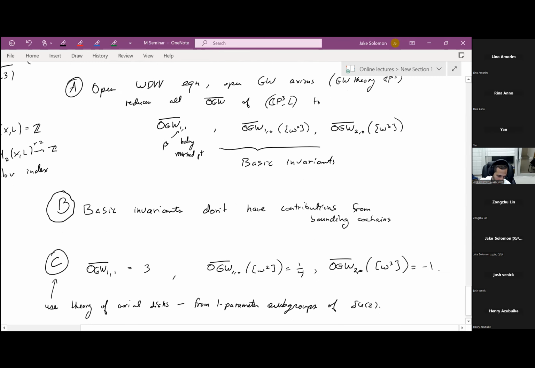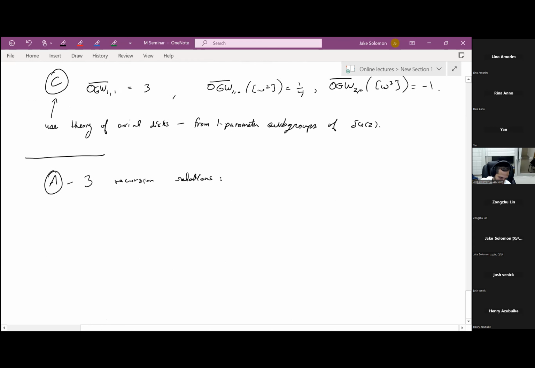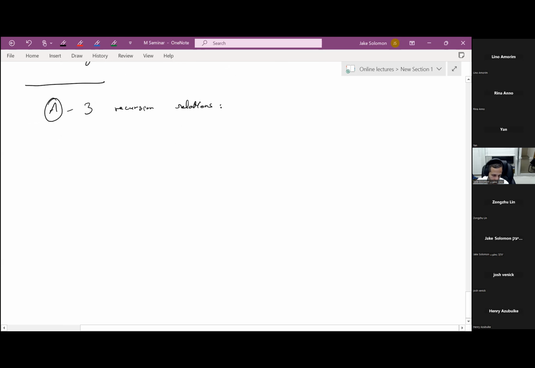There's 3 recursion relations. So this open WDVV gives you, together with the different axioms, I'm not going to tell you the full general formulation of the open WDVV. It happens for every X and L. But for this particular case, I can show you one of the 3 recursion relations.